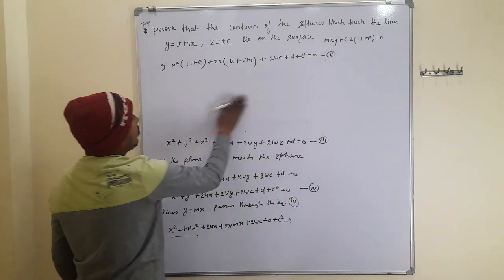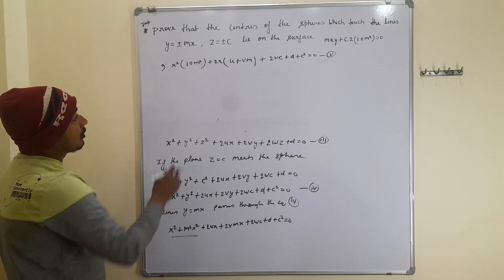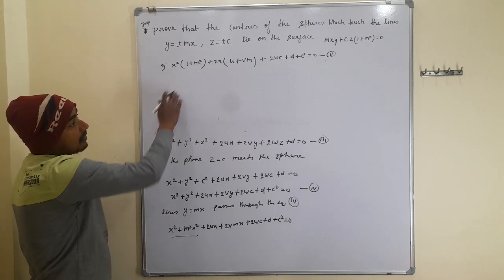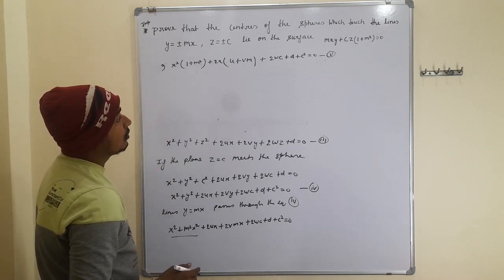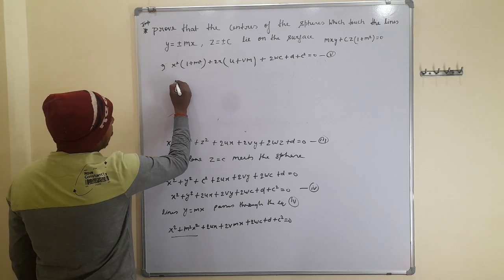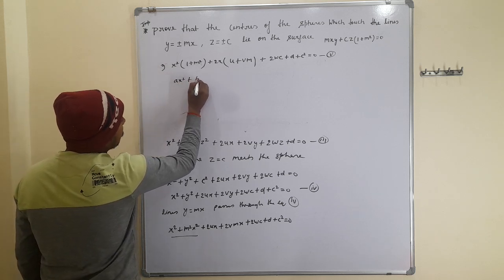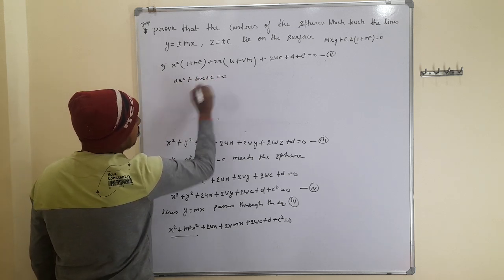We have to write equation 5 in quadratic form, that is in the form ax square plus bx plus c equals 0.